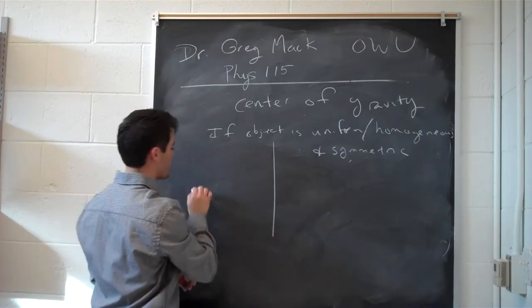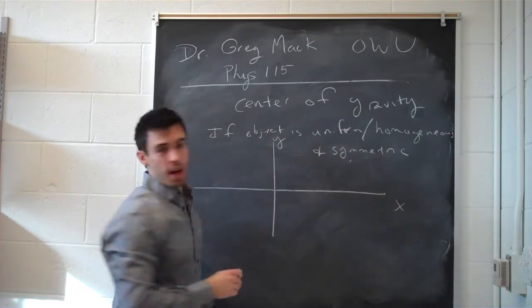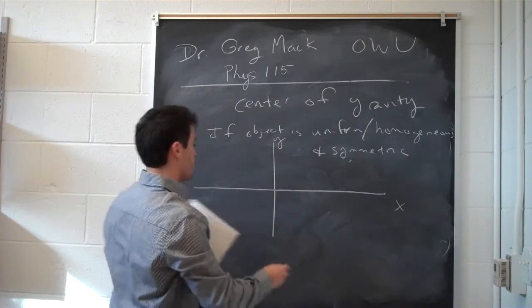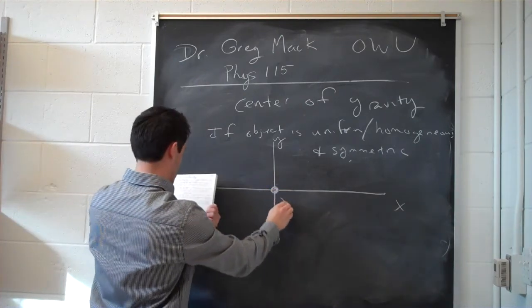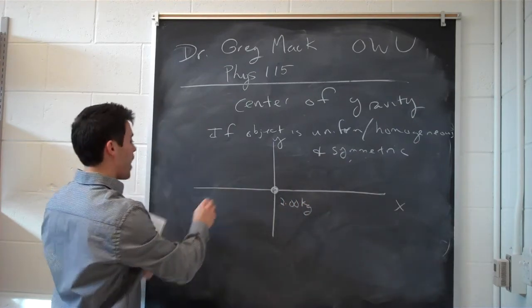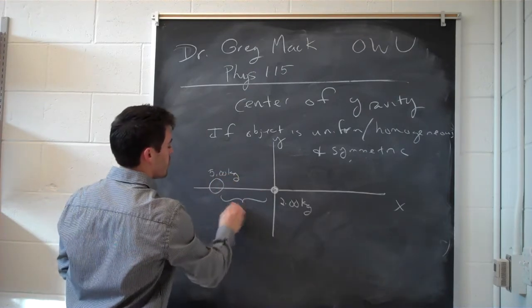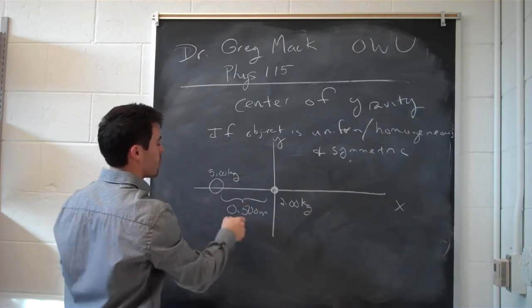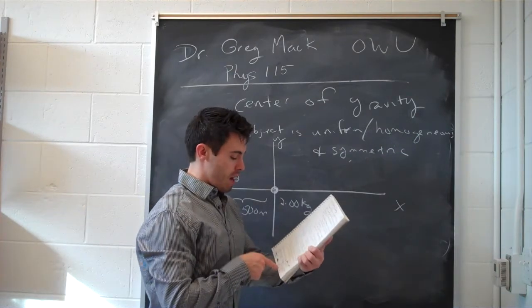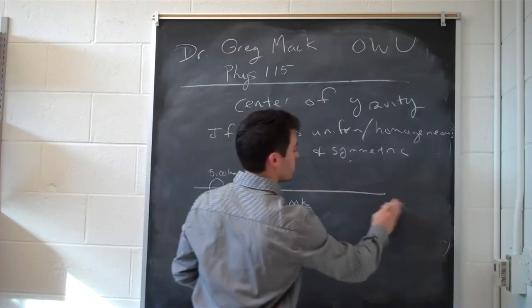Let's say we have our xy coordinate system set up, and let's say, let me look at my example, that we have a 2.00 kilogram mass at the origin, and a 5.00 kilogram mass a distance of 0.500 meters to the left of the origin, and then a mass of 4.00 kilograms 1 meter from the origin.